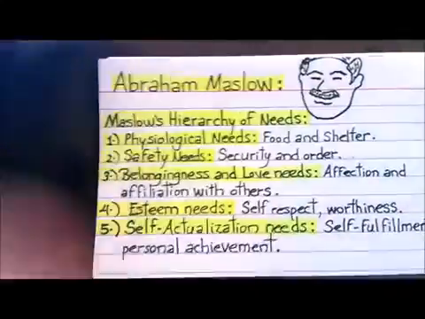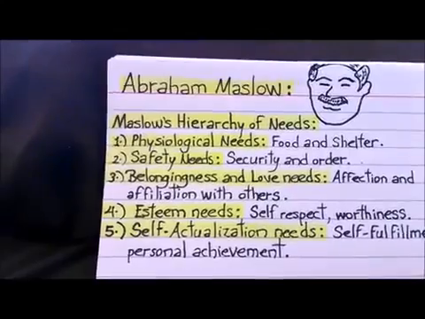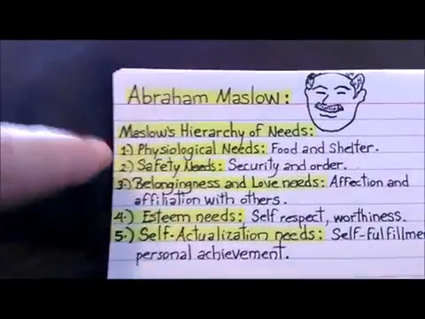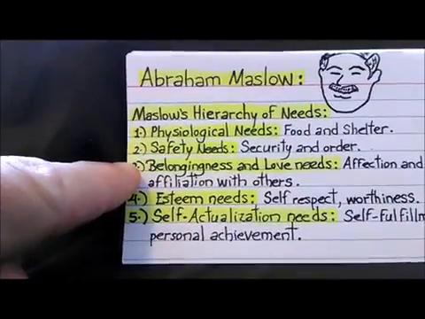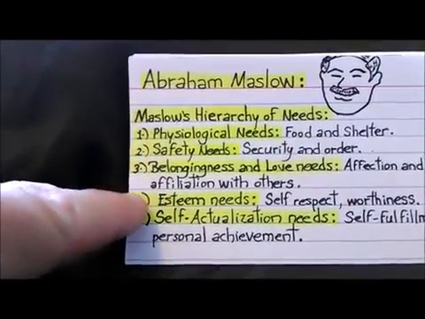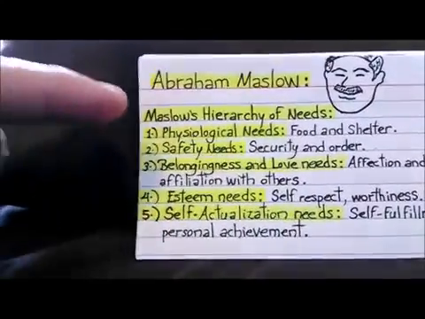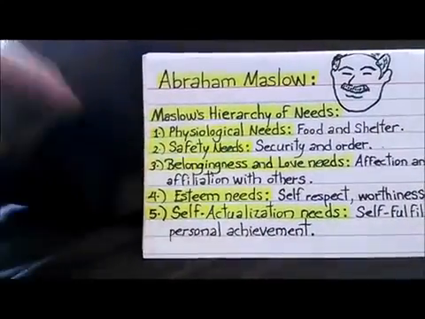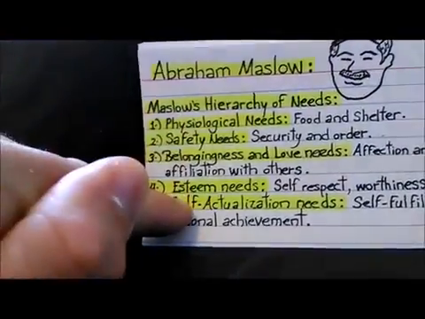Mr. Abraham Maslow. Maslow's hierarchy of needs has the physiological, safety, belongingness and love needs, esteem, and self-actualization. And it goes in order of importance. This is the first, and that's the last.